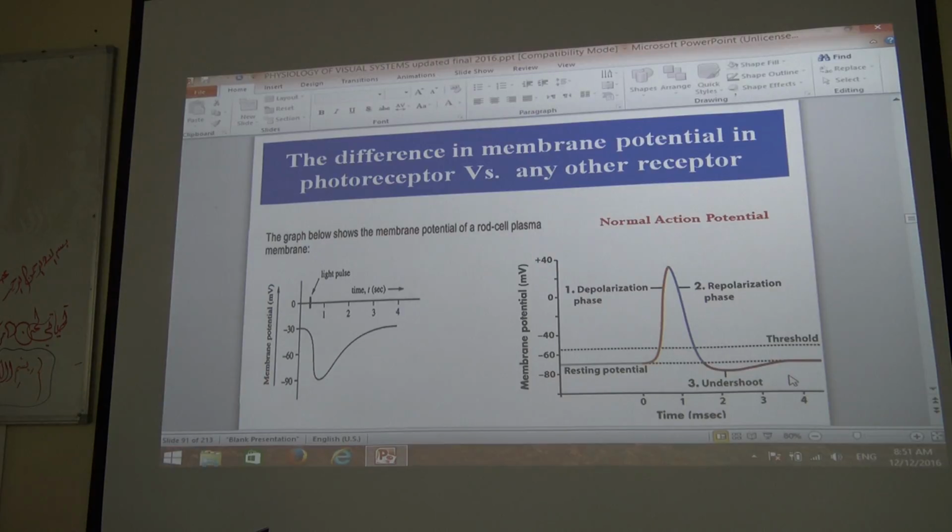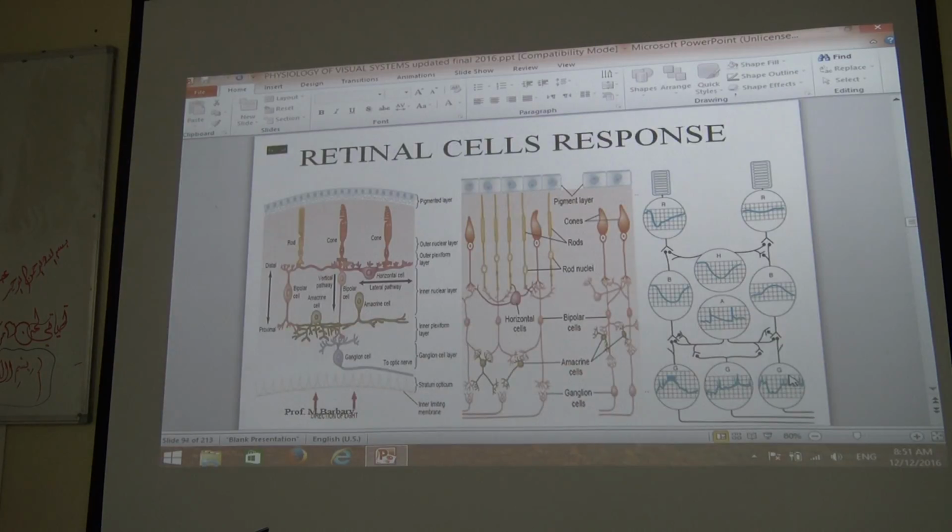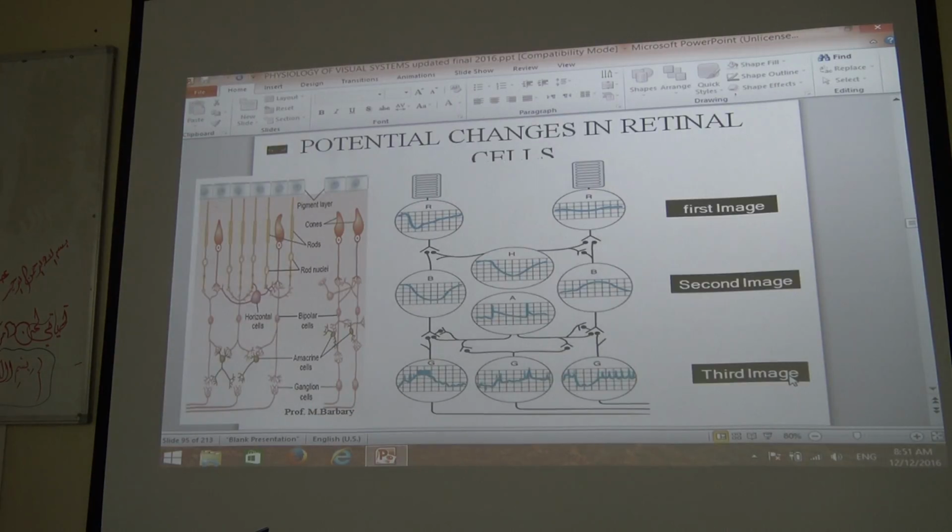Right. In differences between retinal cells, we have three images developed in the retina: the first image at the level of the receptor, the second image at the level of the bipolar cell, and the third image at the level of the ganglionic cell. The receptor responds by hyperpolarization.